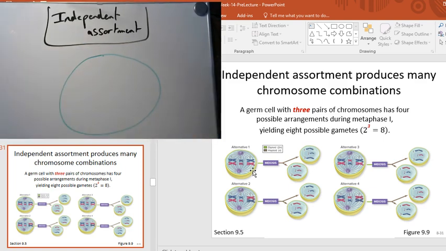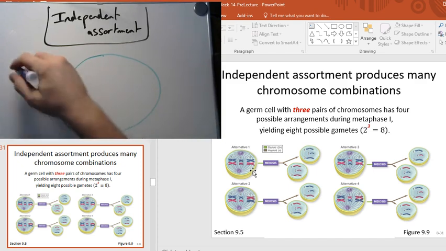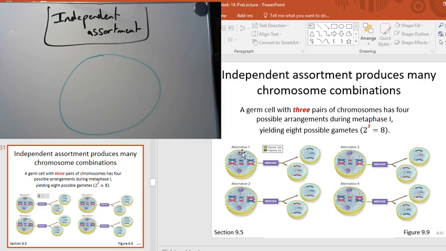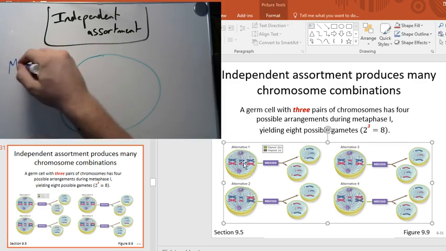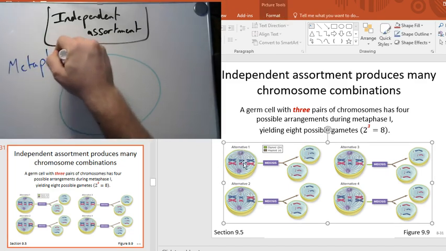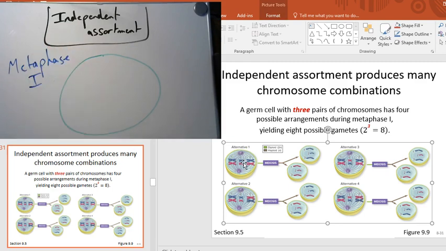It's when the homologous chromosomes separate, but the PowerPoint here shows you the process starting with metaphase 1. So if we do metaphase 1, when the homologous chromosomes align, we use the same color code we had before, with the blue and the pink.